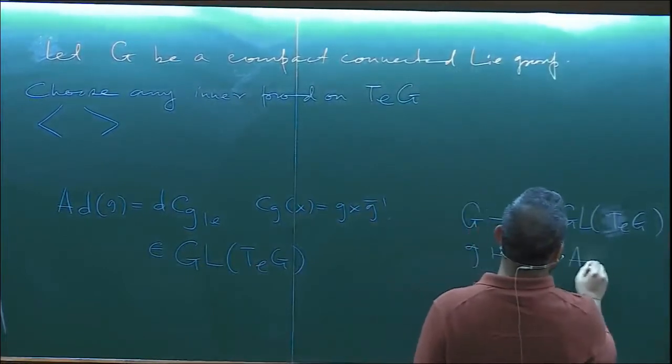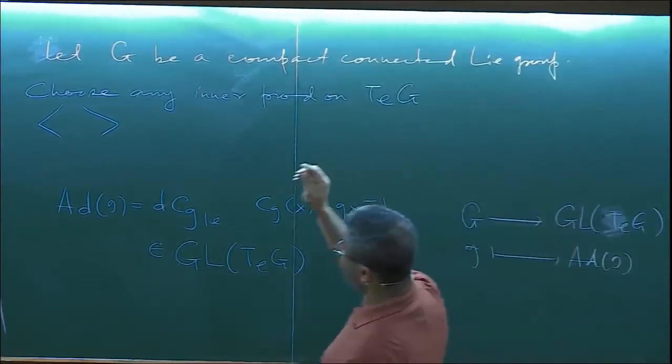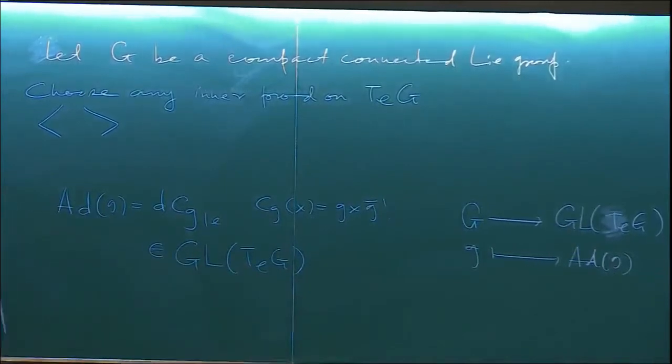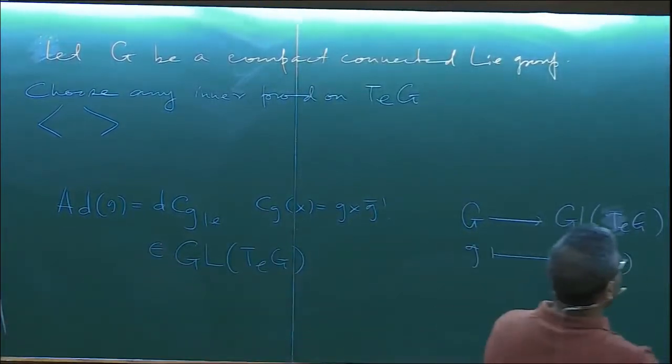G going to Ad G, and I take this adjoint representation in this case, and the fact that G is compact, the Haar measure is finite, so I can average.